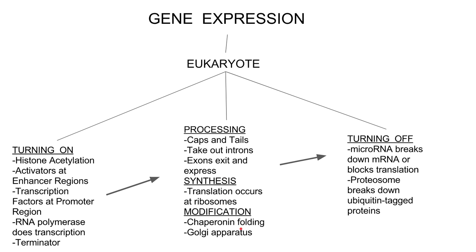That protein is folded and can be modified and have different pieces turned onto it. So now we have fully expressed the gene, and we turn off expression by microRNA breaking down the messenger RNA or blocking the translation, or ultimately breaking down the protein.